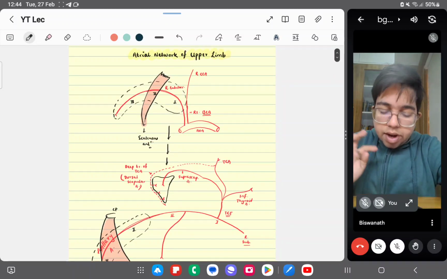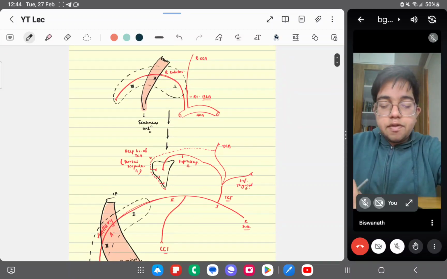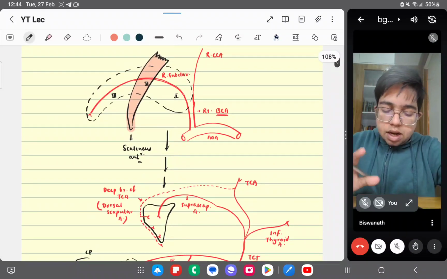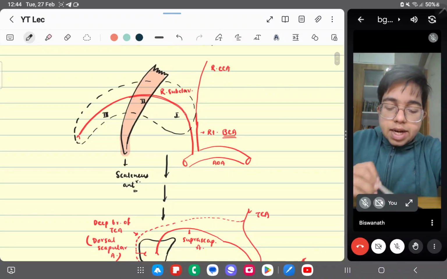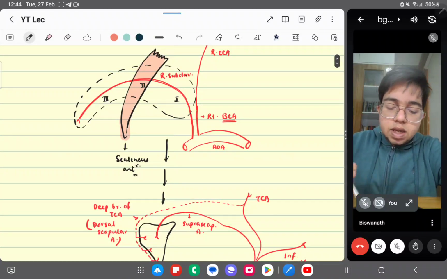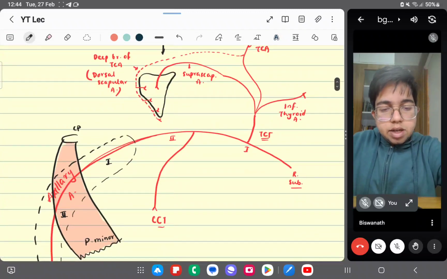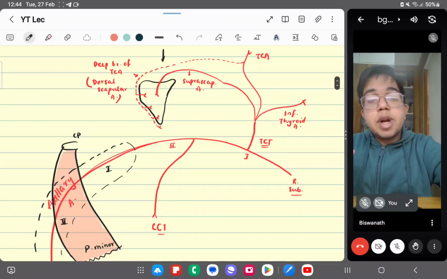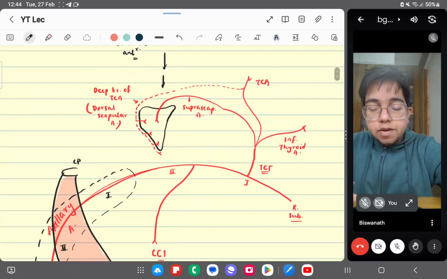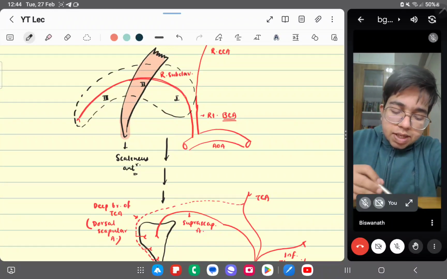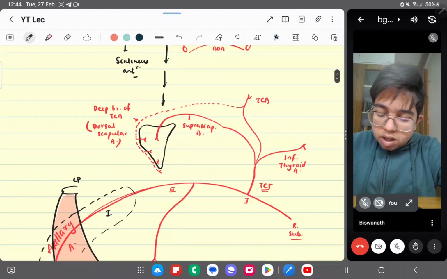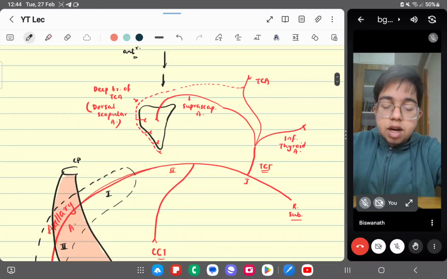So can you just trace the axillary artery from the arch of aorta? Yes. Let me give you an example of how to trace. Arch of aorta, we took the right subclavian. Right subclavian has three parts. It continues as the axillary artery. Traced. Can you trace the deep branch of transverse cervical artery from the arch of aorta? Arch of aorta, right subclavian, first part, second part, third part. The first part will give the thyrocervical trunk.